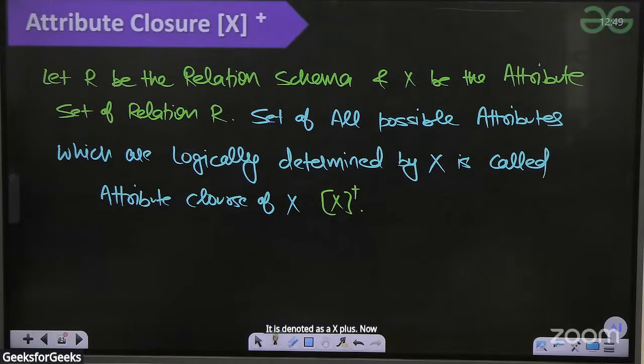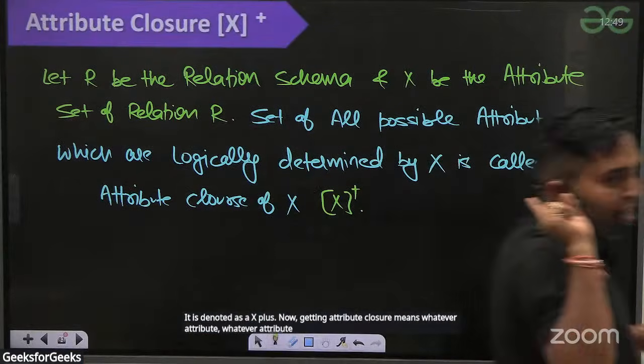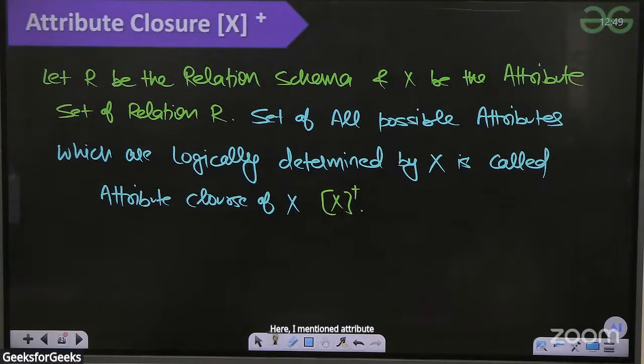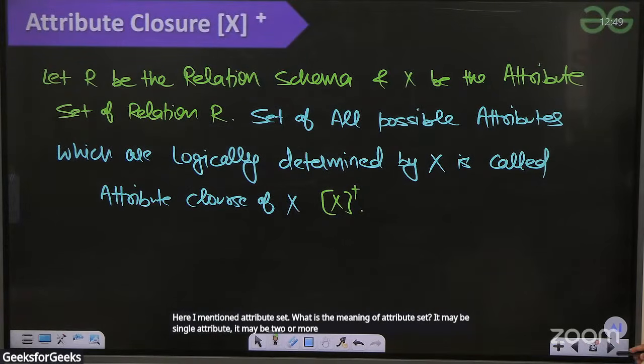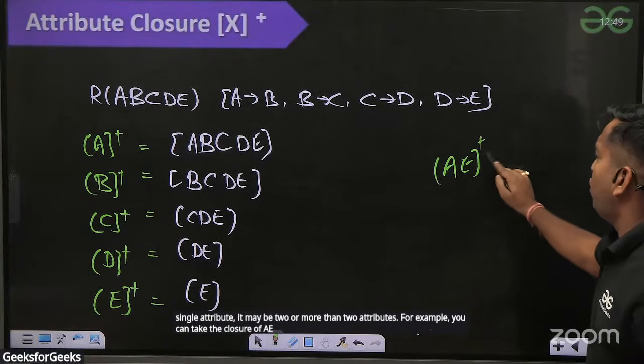Now getting attribute closure means whatever attributes, here I mention attribute set. What is the meaning of attribute set? It may be a single attribute, it may be two or more attributes. For example, you can take the closure of AE. What is the closure of AE?